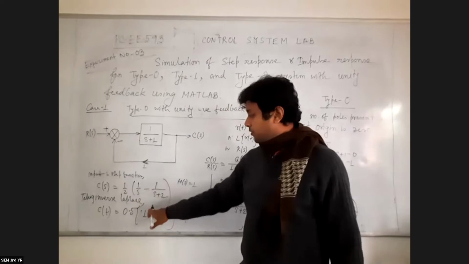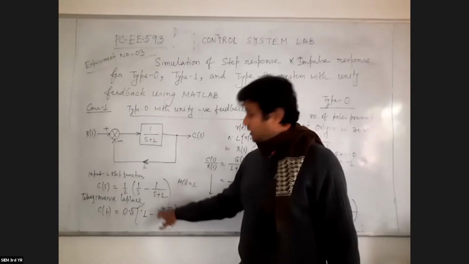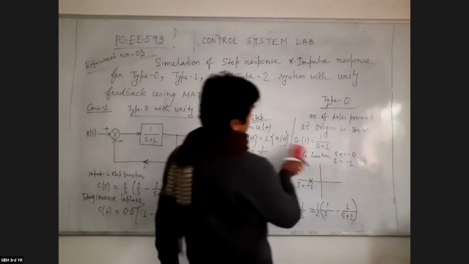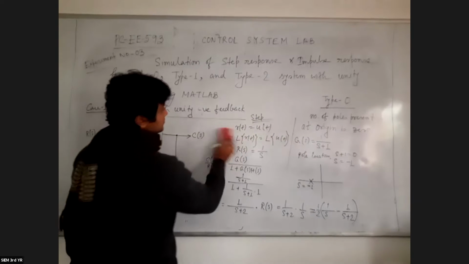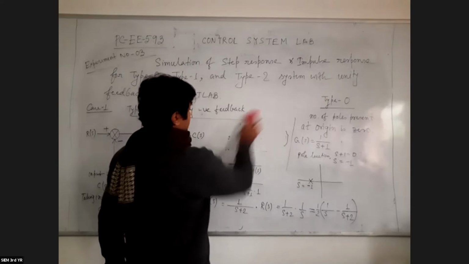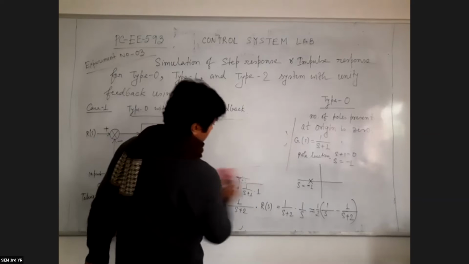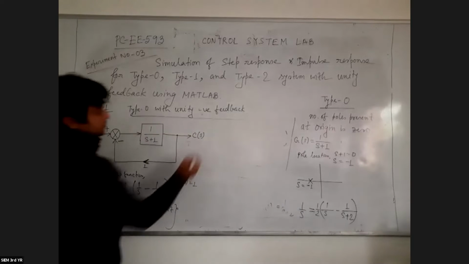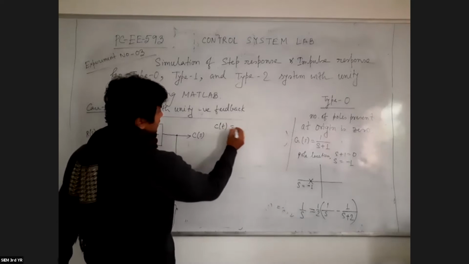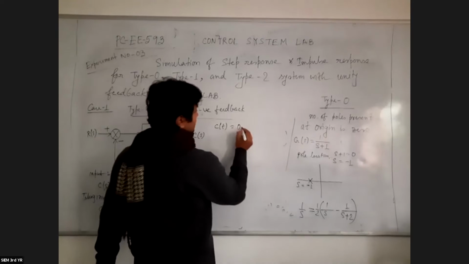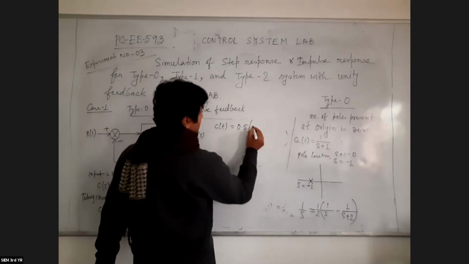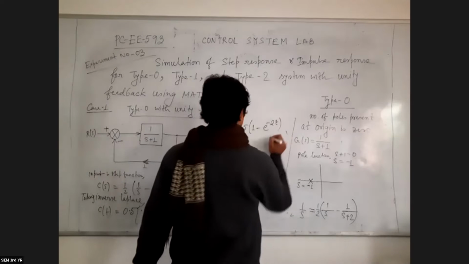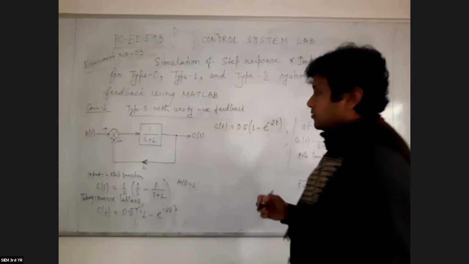If you put all these values of t here, you will see that c(t) for the unit step is 0.5 into 1 minus e to the power minus 2t.